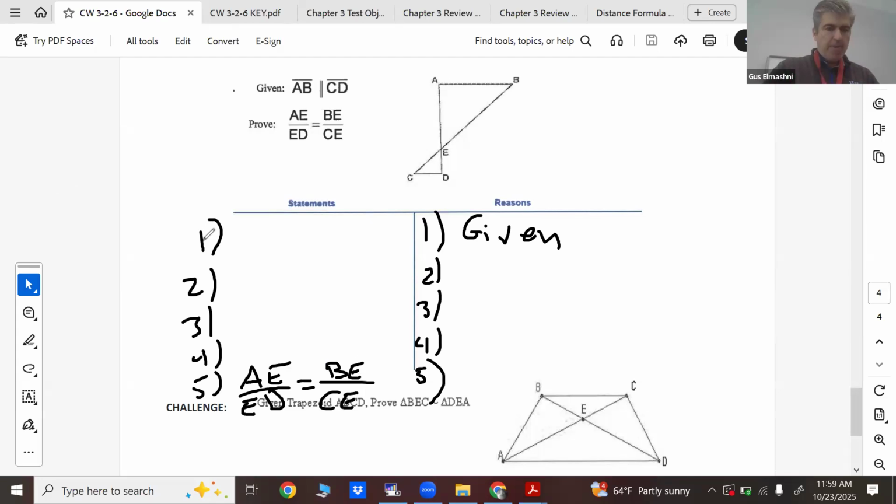I'll tell you some other things that are going to happen here too. We're going to definitely want to say vertical angles are congruent. We're probably going to want to say that angle ABE is congruent to angle DCE. We're also probably going to want to say this as well.